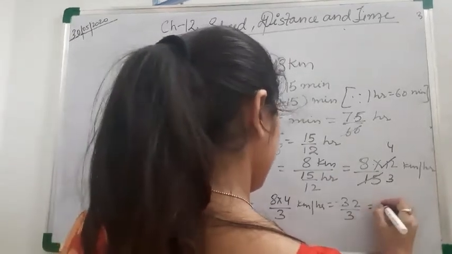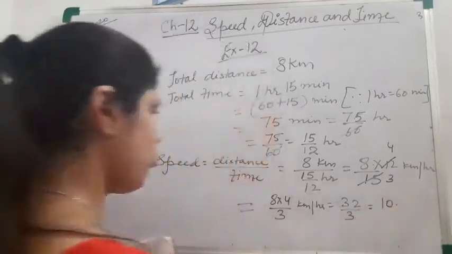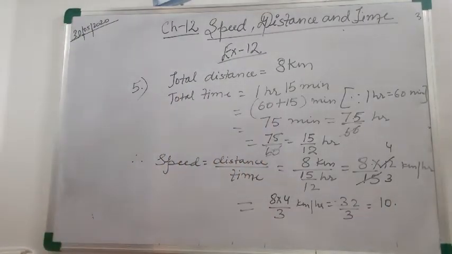Answer is coming 3 ones are 3, 10 point something. But your answer is coming at the back.